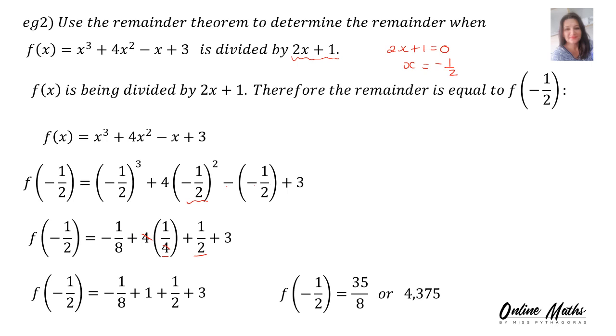So that means when f of x is divided by 2x plus 1, the remainder is 35 over 8 or 4.375.